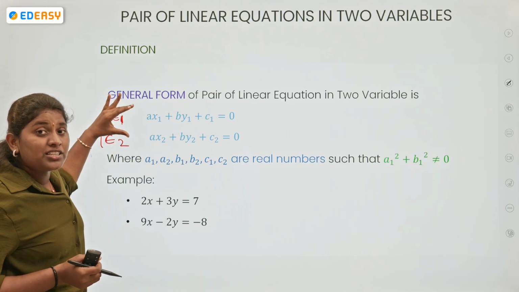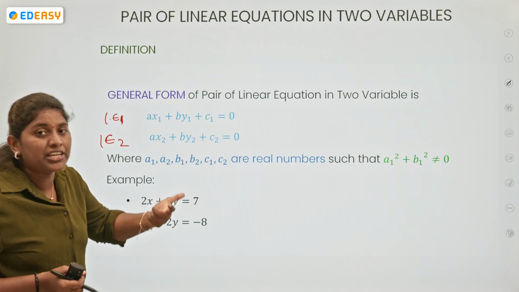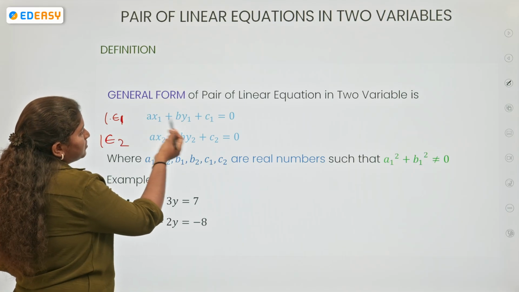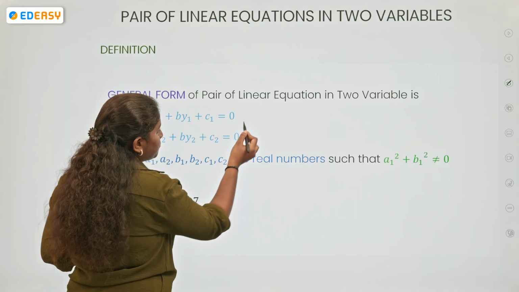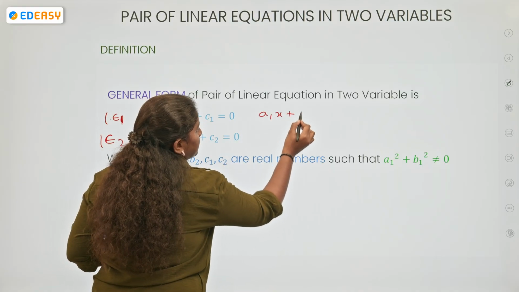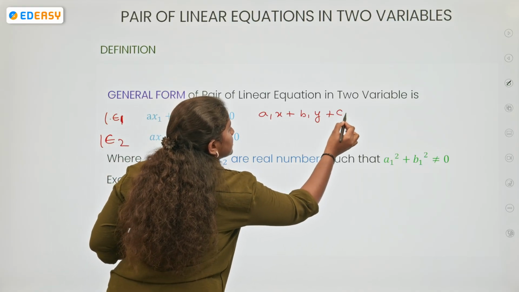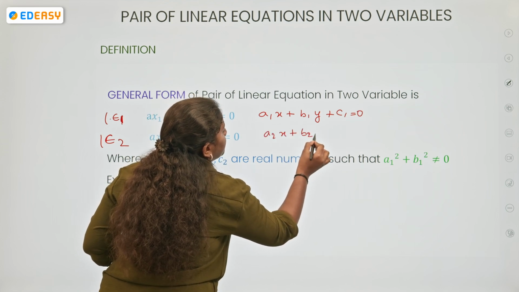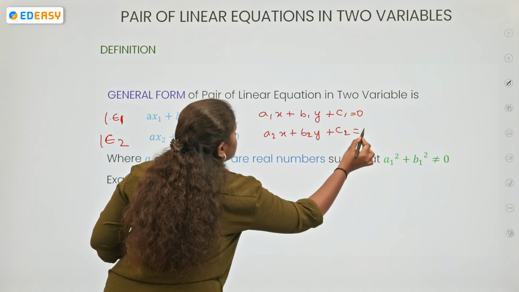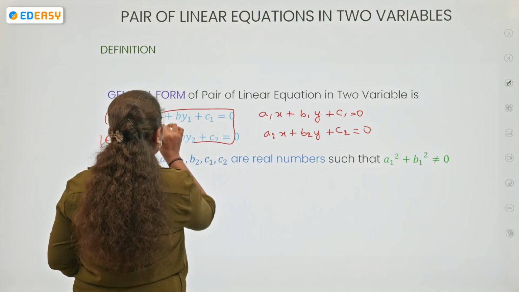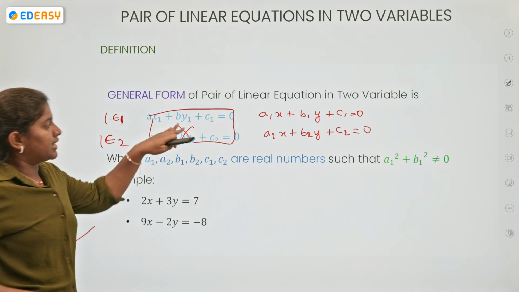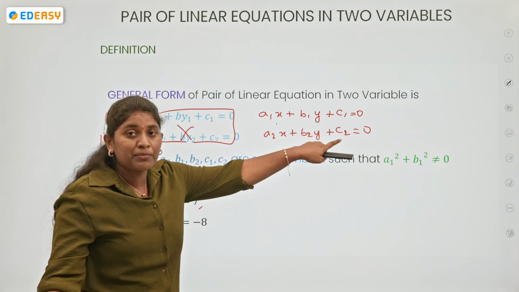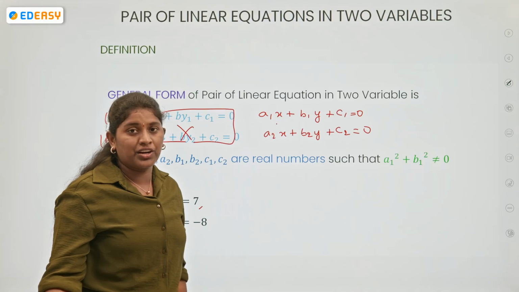Now these two will form a pair of linear equations in two variables. This is the general form: A1x plus B1y plus C1 equals 0 and A2x plus B2y plus C2 equals 0.